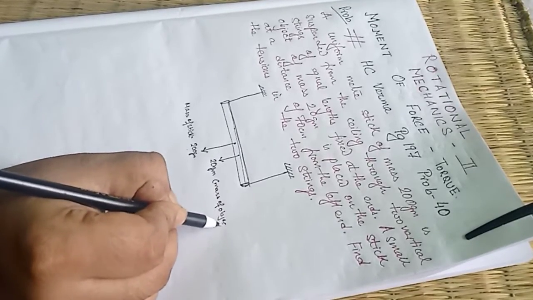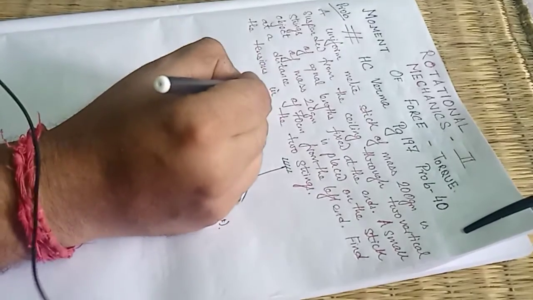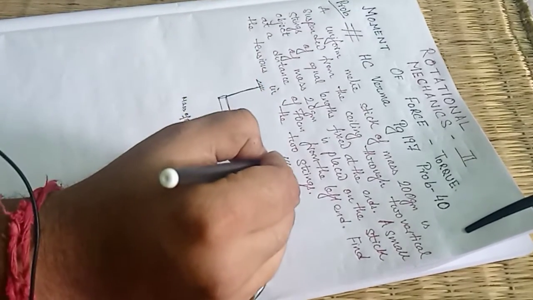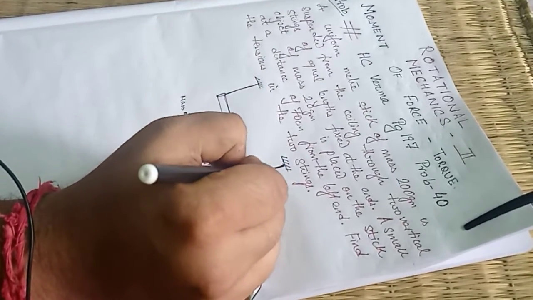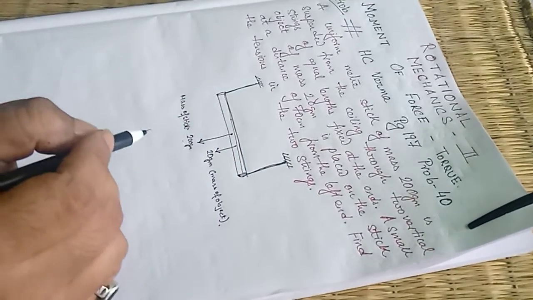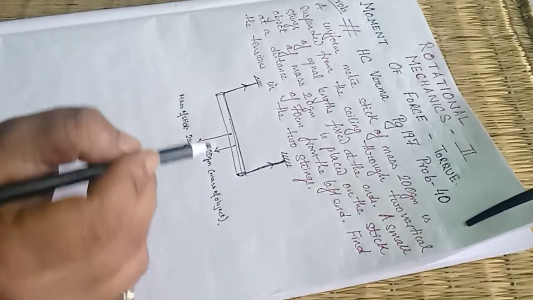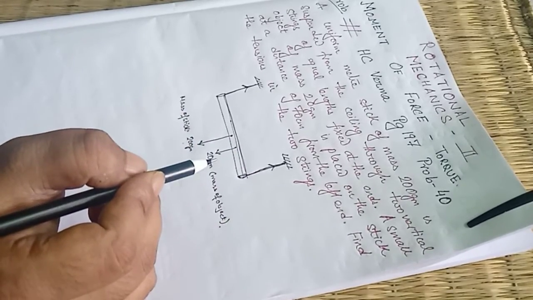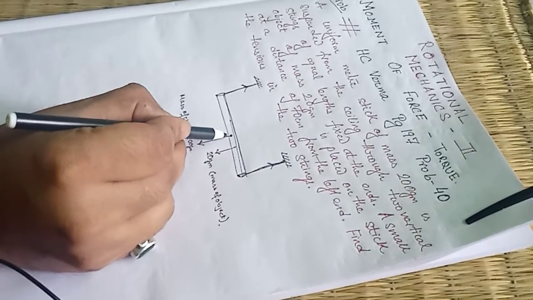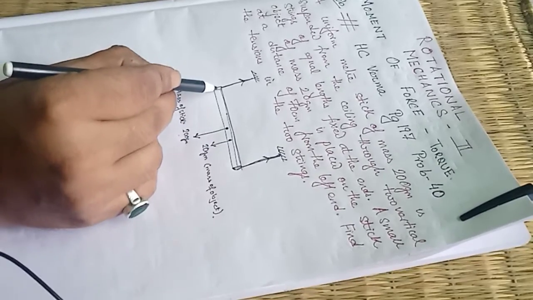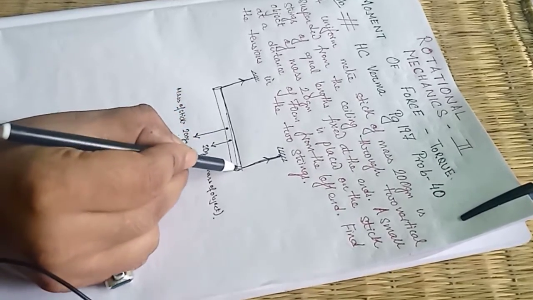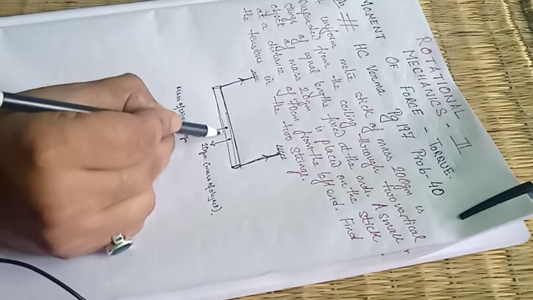Now they are asking in the question about the tensions in the two strings. First of all, we have to understand that the tension in the two strings will not be equal, because these two masses are distributed over this rod, over this stick.